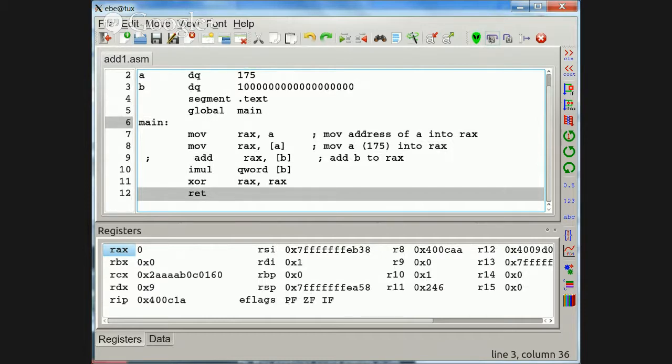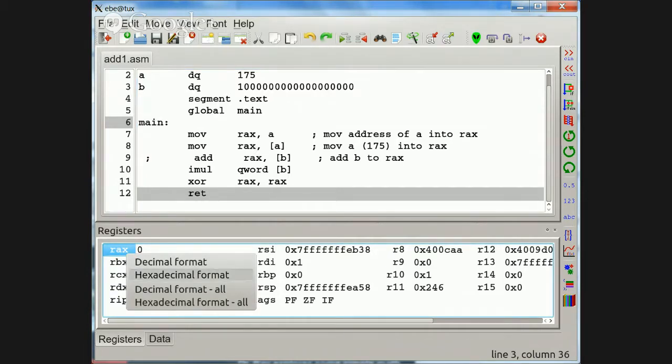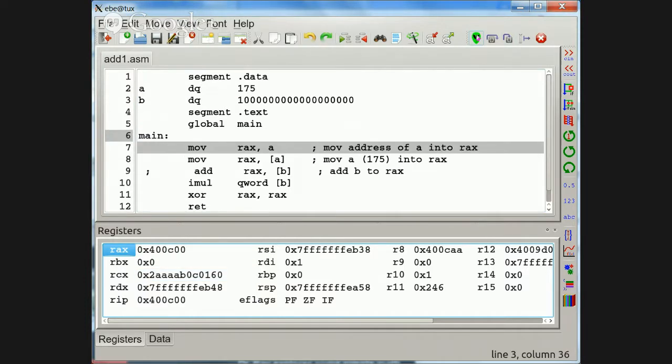Hexadecimal 9 is, see, 175 is, what is that? 120? I don't know. I'm trying to remember what the hexadecimal values are, and I don't remember very well. Run it again.